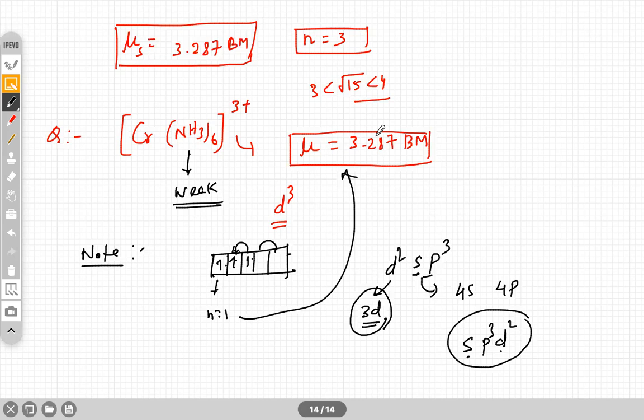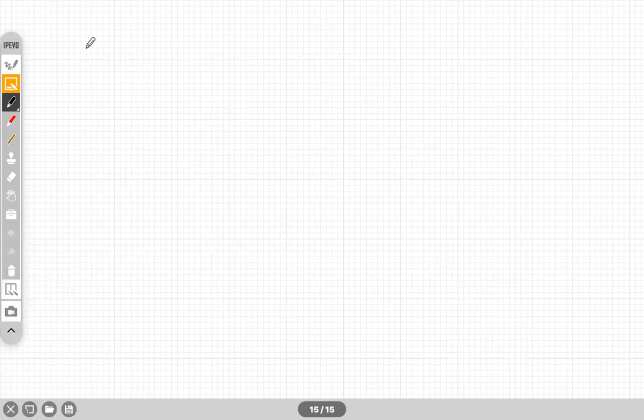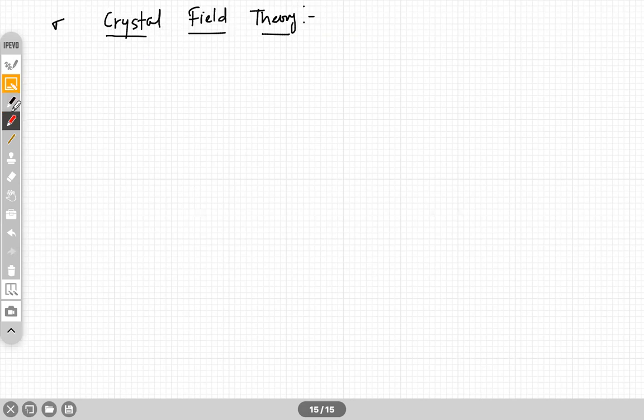Next, write down crystal field theory. I'll give you a brief idea of it, because if I dictate the theory, it takes a lot of time. There are so many things in this. First of all, in this theory there is one assumption.